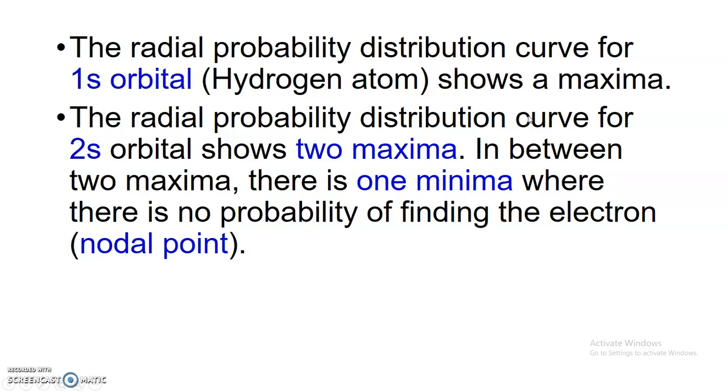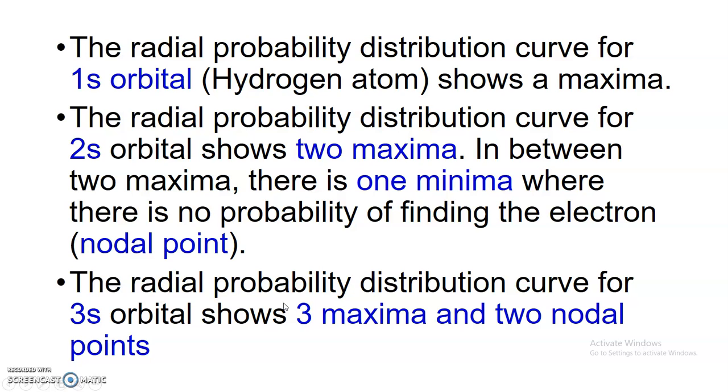The radial probability distribution curve for 2s orbital shows 2 maxima. One is for 1s orbital and the second is for 2s orbital. In between the 2 maxima there is 1 minimum where there is a low probability of finding an electron. This is called the nodal point or the radial node.